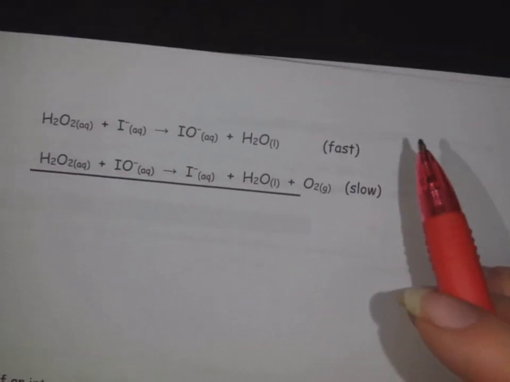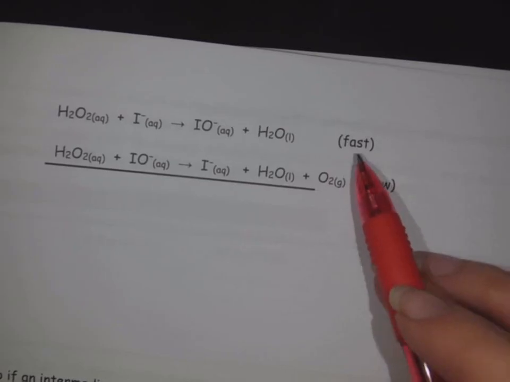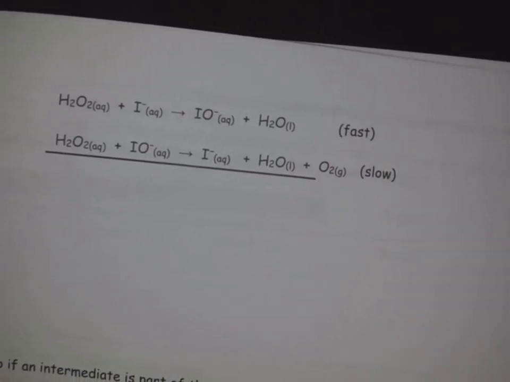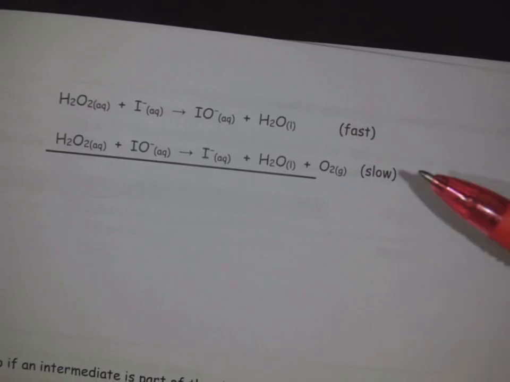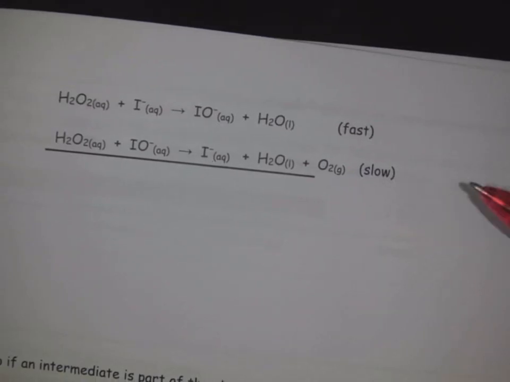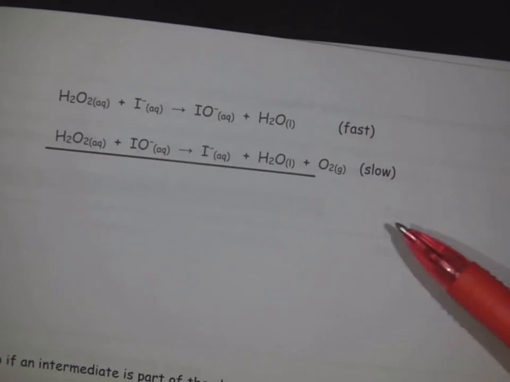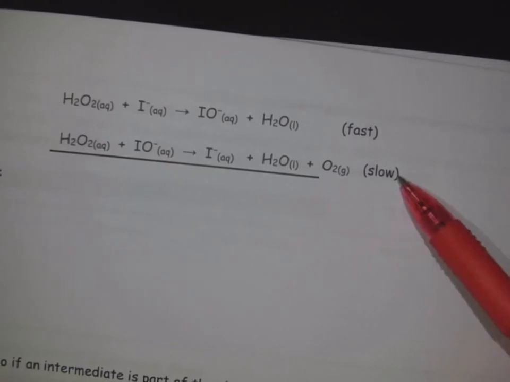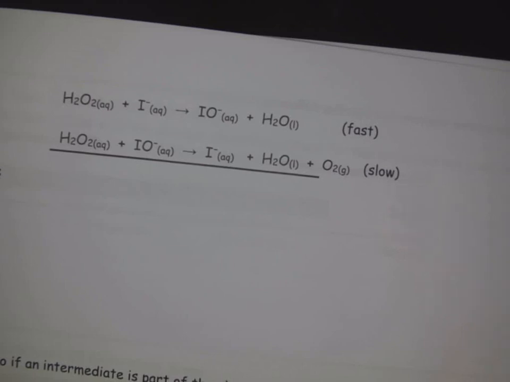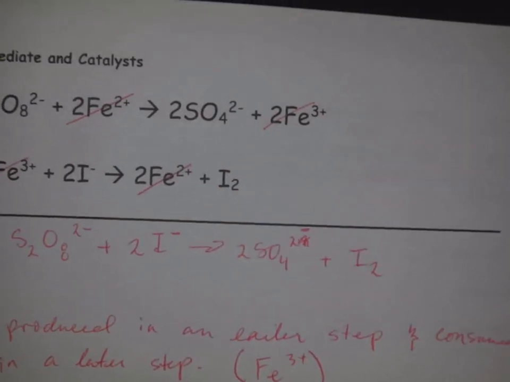On the AP Chem test, they will tell you if mechanisms are slow or fast. And the slow step is always the rate determining step. And so whatever the rate law is for the slow step, it is also the rate law for the overall reaction.